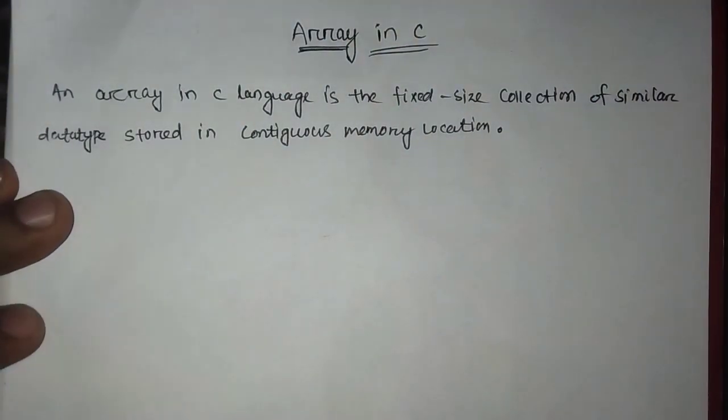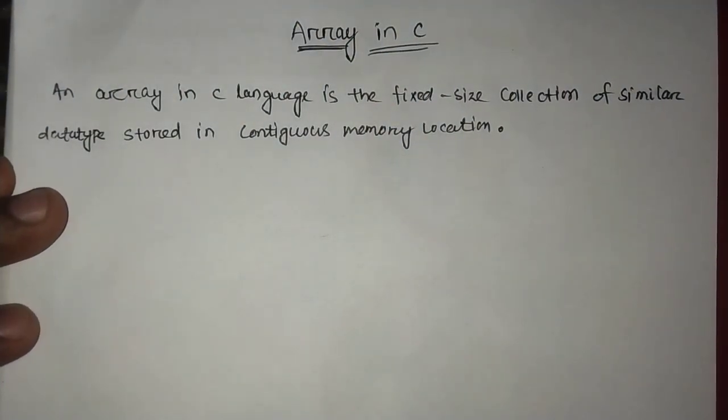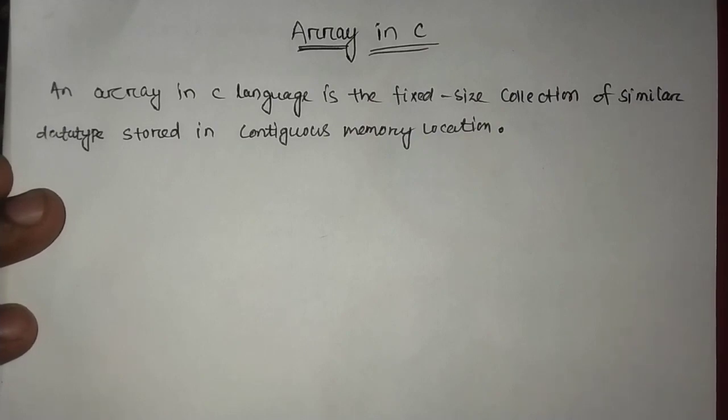First of all, let's understand its definition. It is saying that in an array we can store different values of the same data type in contiguous memory location.